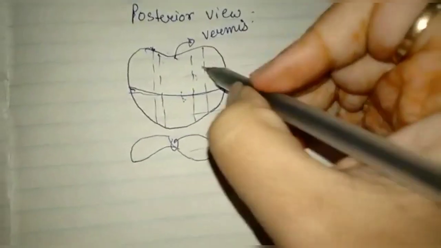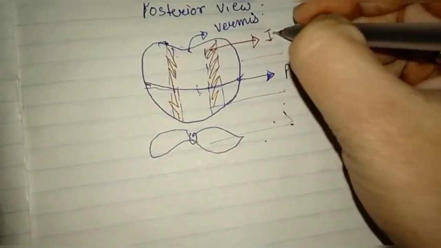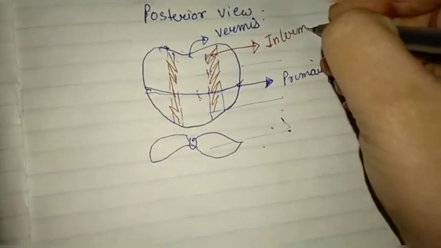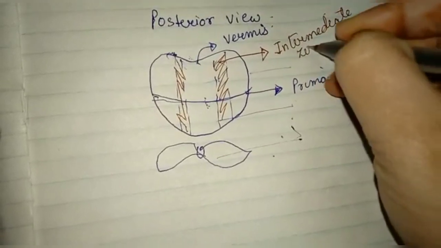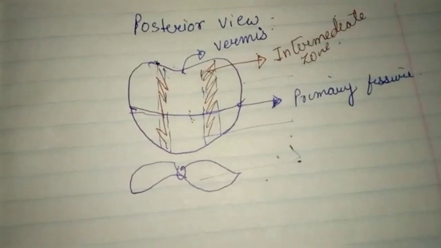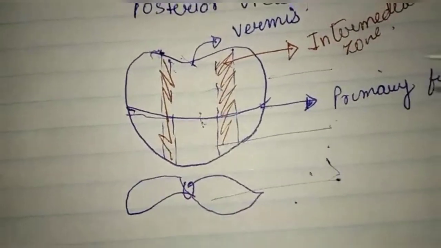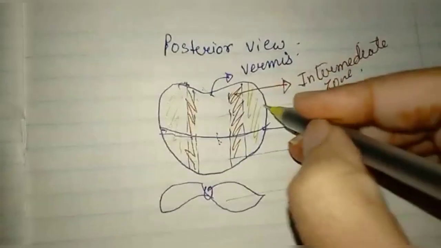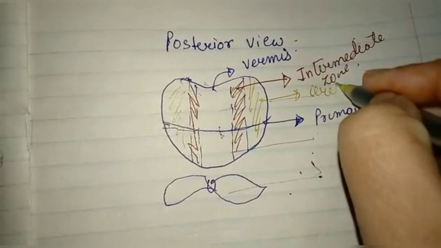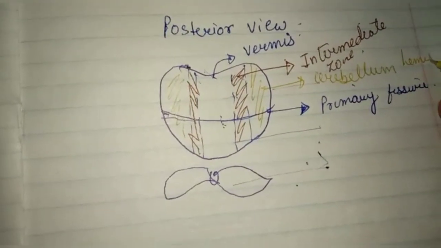This part is known as intermediate zone. Now here is also some part, and this part is known as cerebellar hemisphere.